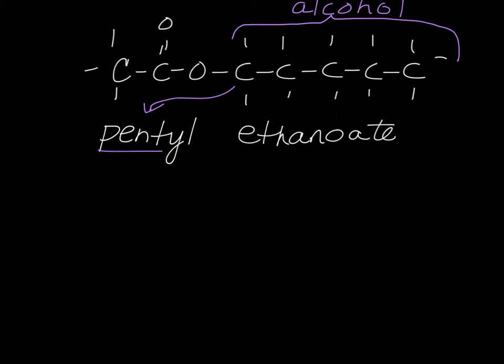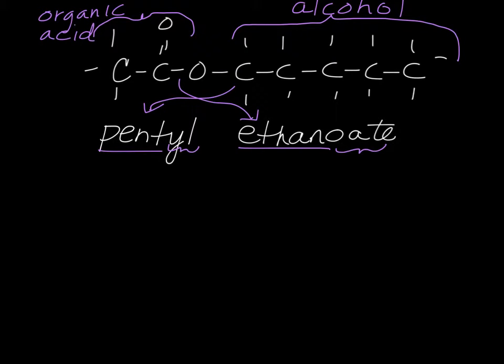The 2 C's before the O, right here, came from the organic acid that was involved in the reaction. So it was ethanoic acid. So the 2 C's is your ethan, and then you add the OATE ending. So this is the ending that makes it an ester. So it's drawn first, but named last.